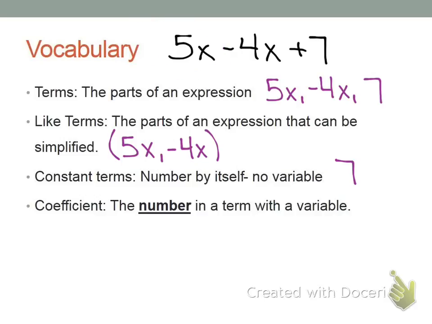So my coefficients would be 5, and anybody have a guess at the other one? Negative 4. 5 and negative 4, because in my terms with variables, it's the numerical part of that term. All right, so those are basically just the individual vocabulary words and definitions that you need to know for this lesson.